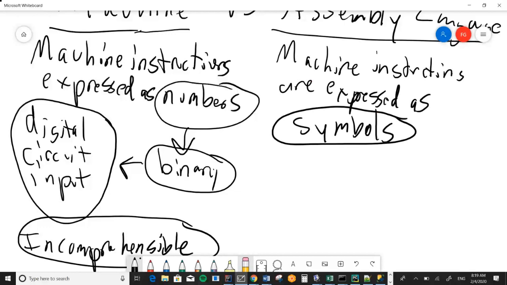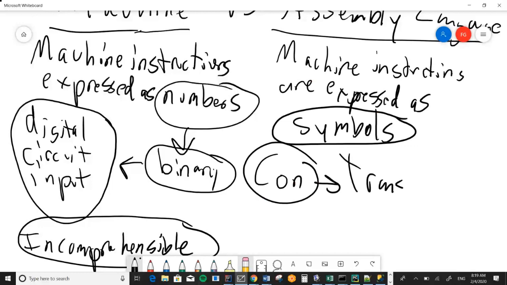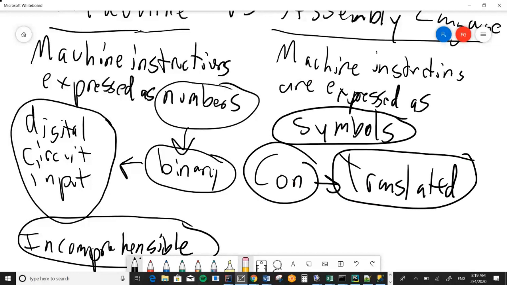Now, this has its own advantages and disadvantages. What's the biggest disadvantage? The biggest disadvantage is that this must be translated. We've got this symbolic representation, and it's more readable, but at some point we need a computer program to turn it into bits.